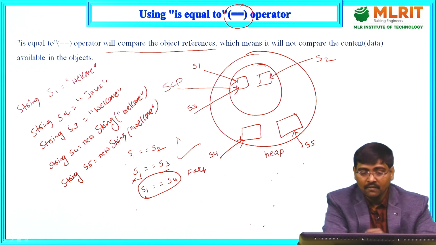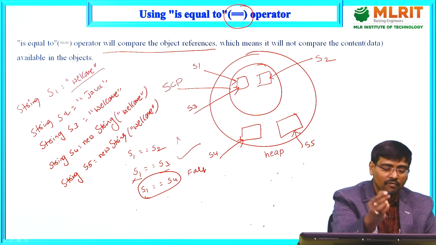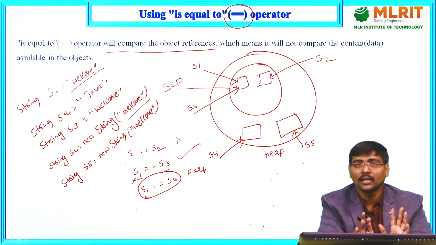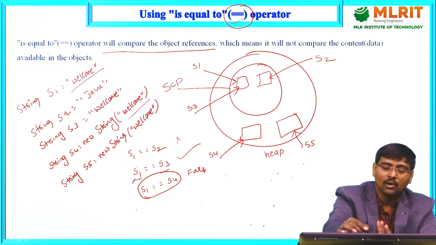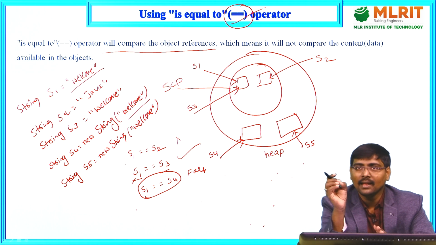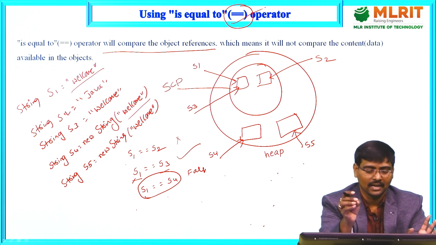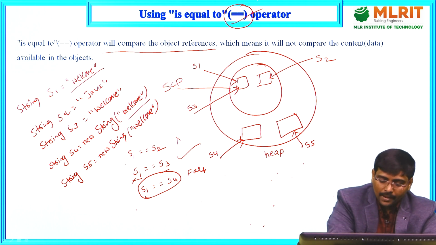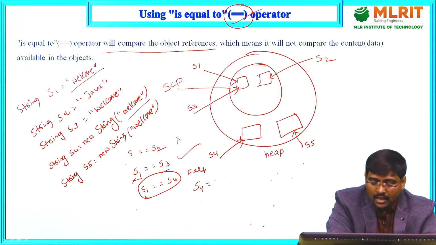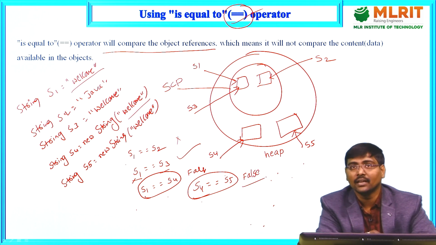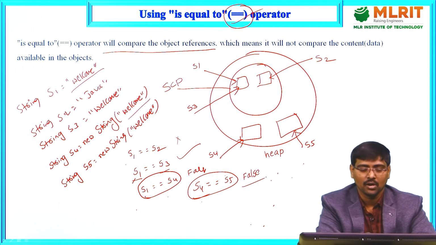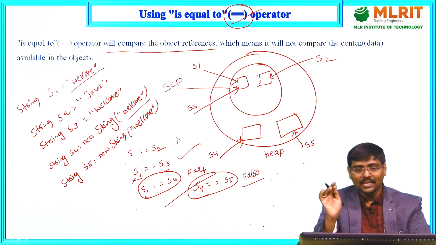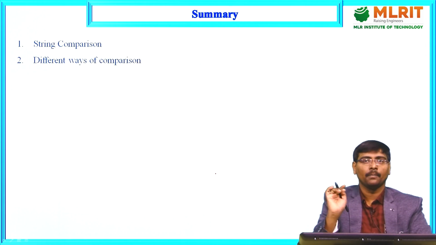Why? Even though S1 consists of welcome, S4 also consists of welcome, the equal to operator does the comparison based on address. Even S4 equal to S5, it also results as false. Okay. These are different string comparisons.